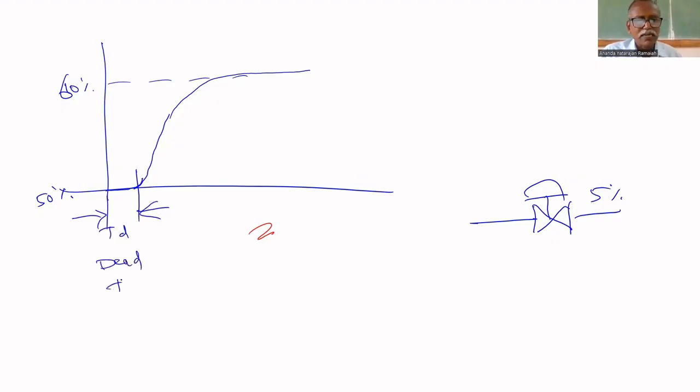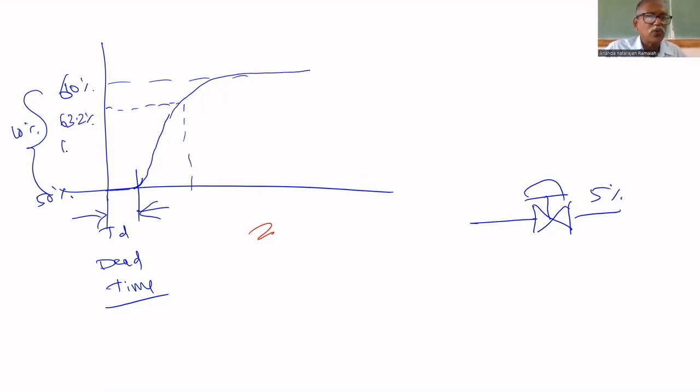New term: dead time of the process. Sometimes that may happen in some process. If you give some input, it won't change. After some time only it responds. That is called dead time. What is the time constant? The change from 50 to 60 is a 10% change. 63.2% of 10% is 6.32%.